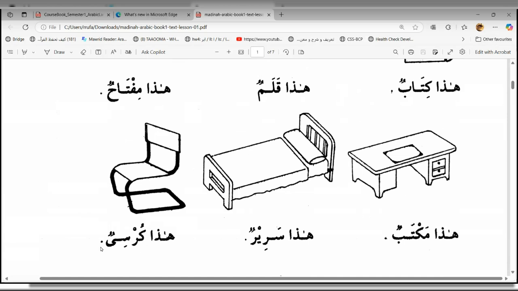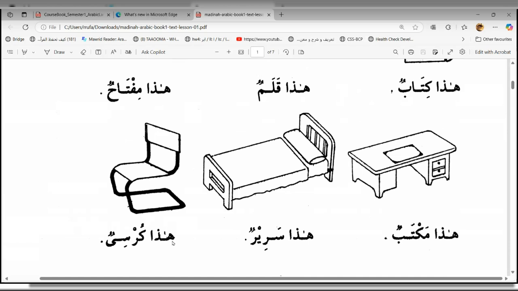So in Arabic, the definite is formed by adding alif and lam. Also, the word hadha is considered definite because the listener knows what you're talking about, since you're pointing to it. Hadha sarir. This, the bed that I'm pointing to, is a bed.